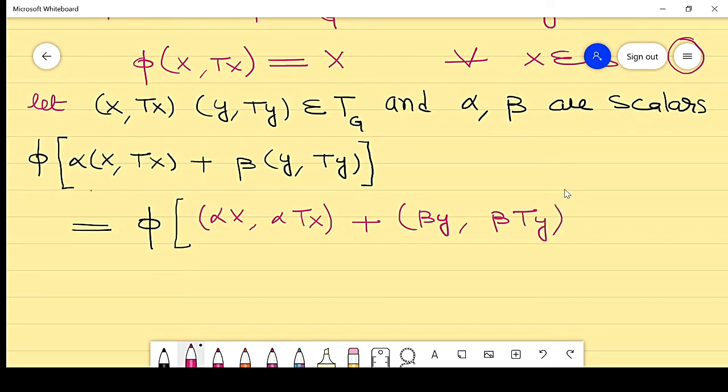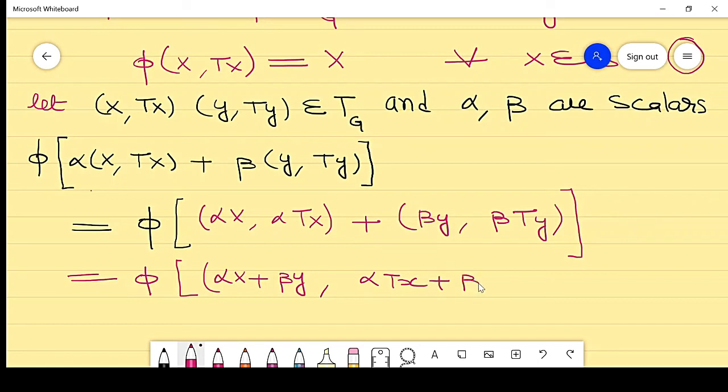Now in the next step I will use the sum of tuples. So phi of (alpha x plus beta y, alpha Tx plus beta Ty), in this bracket as a tuple.